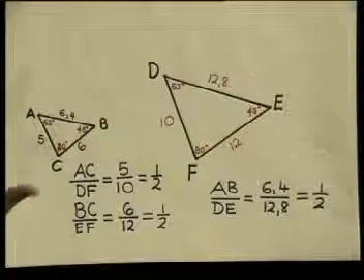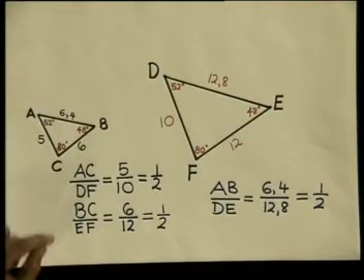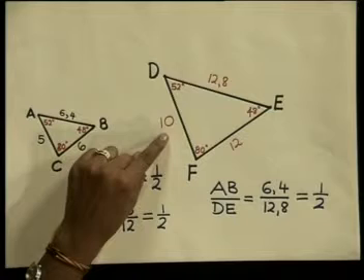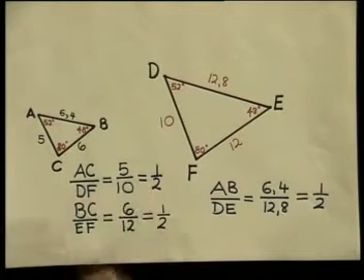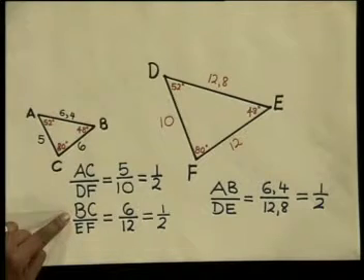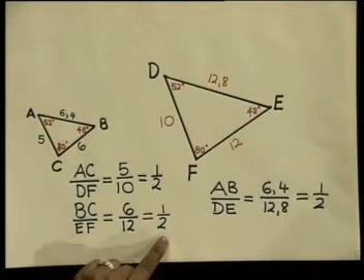Did you notice a pattern in the length of these sides? Here they are again. So we see that AC divided by DF is 5 divided by 10, which is the same as a half. The same is true of BC divided by EF, which also gives me a half.